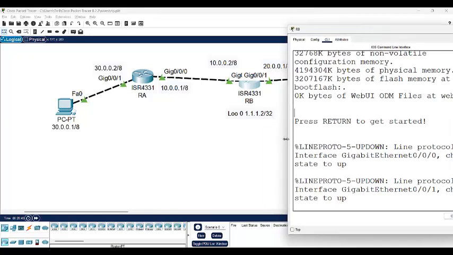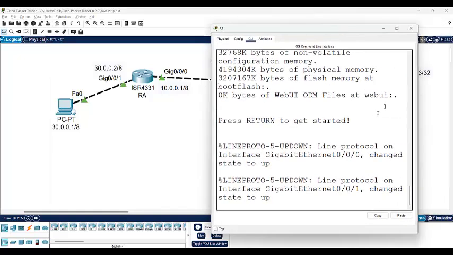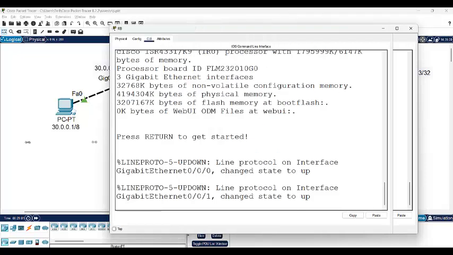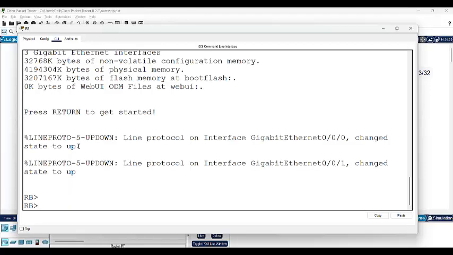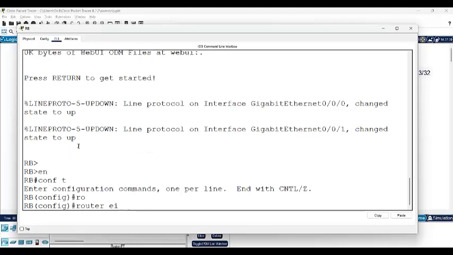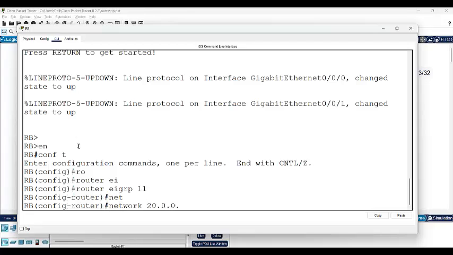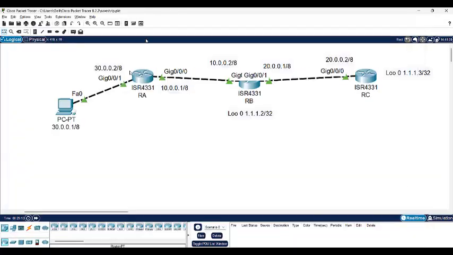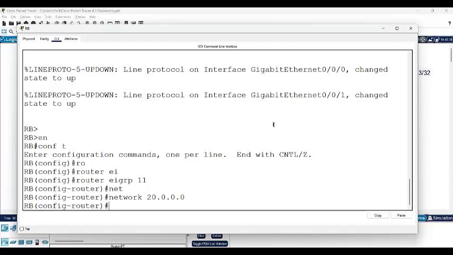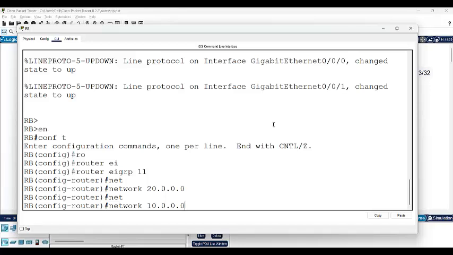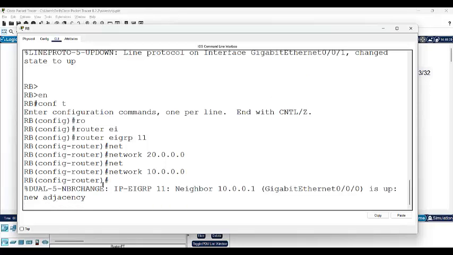So what I'm going to do, I'm going to say router EIGRP, same number 11, network 20, and then 10, and then 1112. See, as soon as I hit enter, it will form neighbor. You see, the neighbor has been discovered.